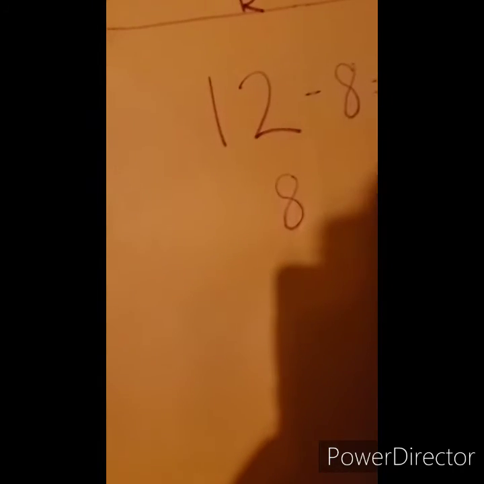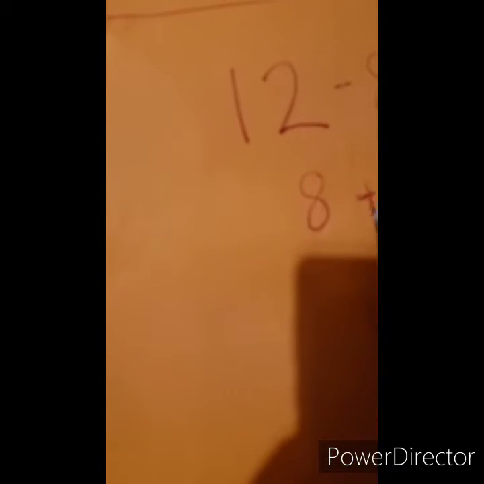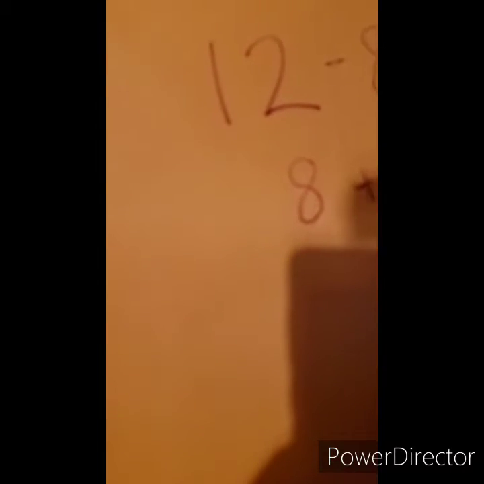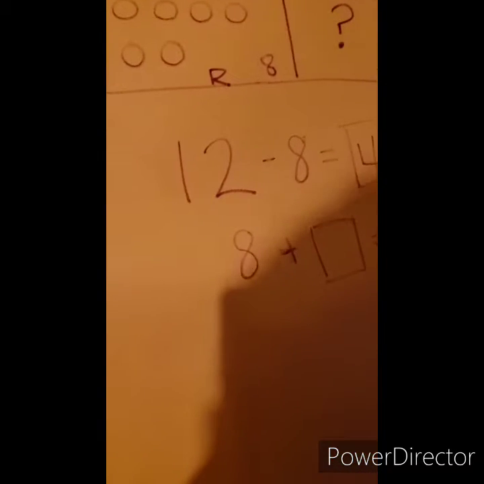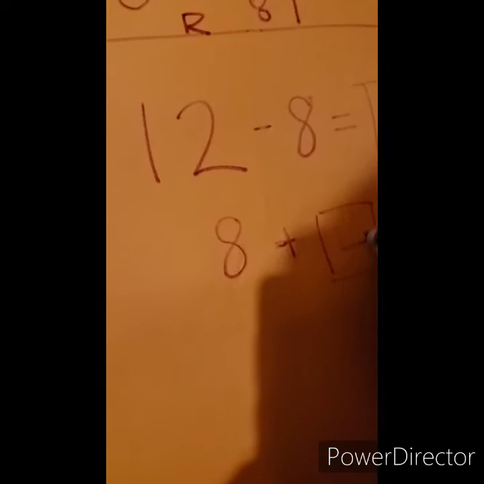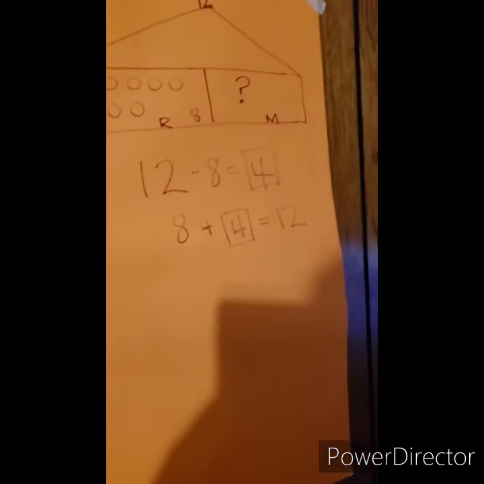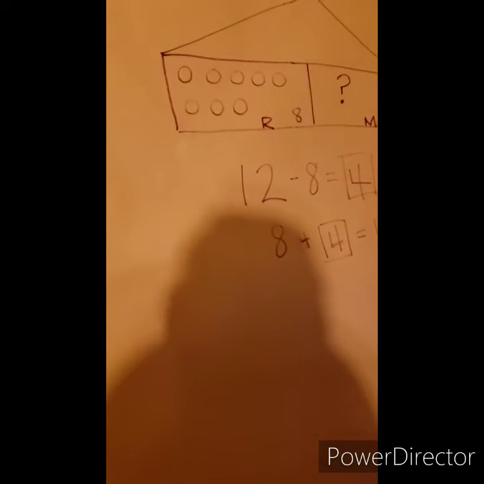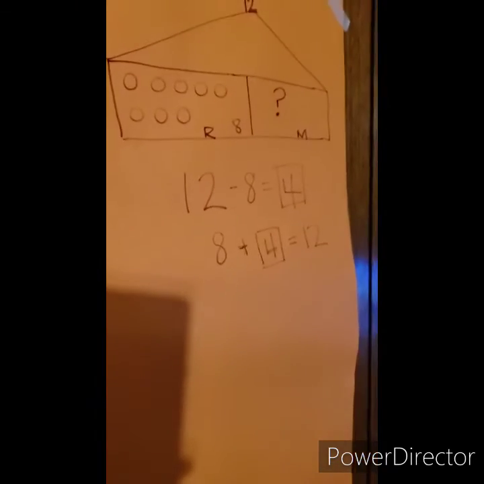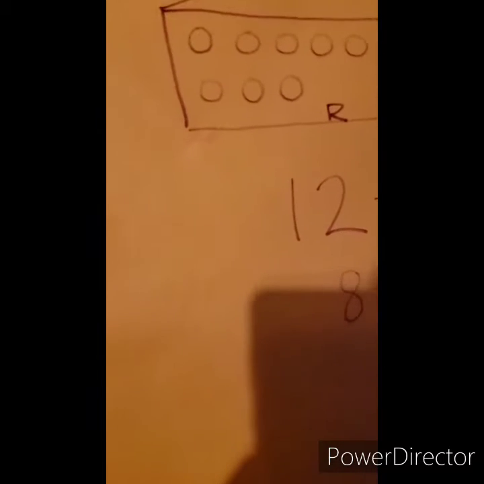By saying we knew that Rose had 8 letters plus whatever her missing number was, and that was going to give her a goal of what? 12. So again, that would have still given us the mystery number of what? 4. So as you can see, I'm able to do an addition sentence as well as a what? Subtraction sentence.